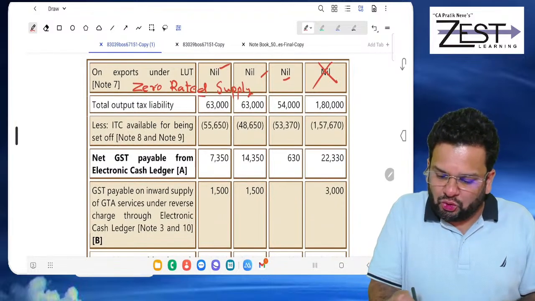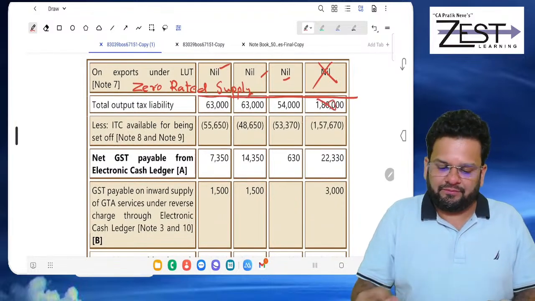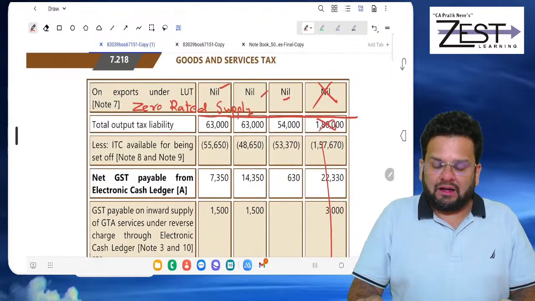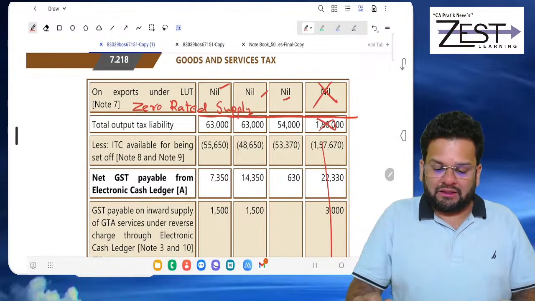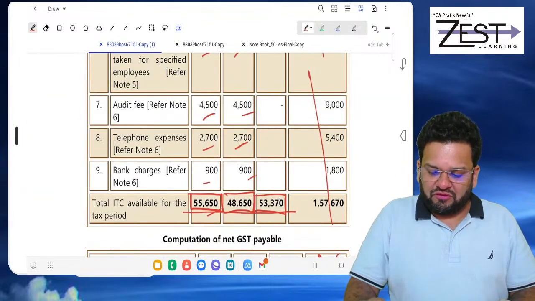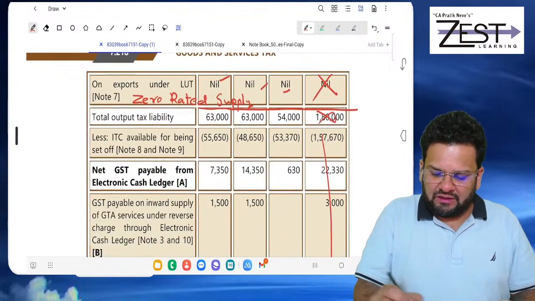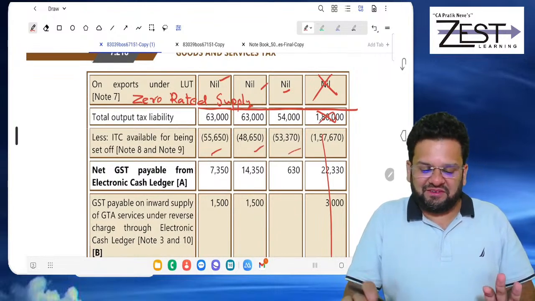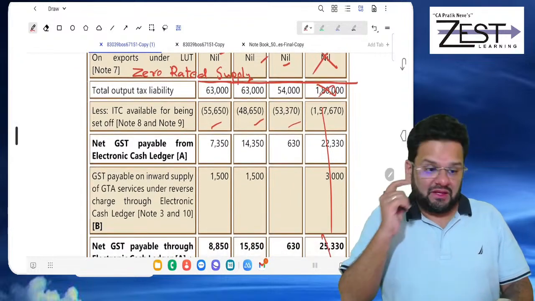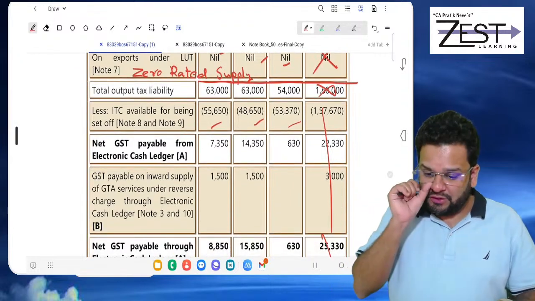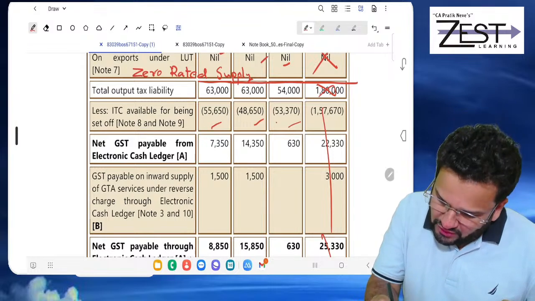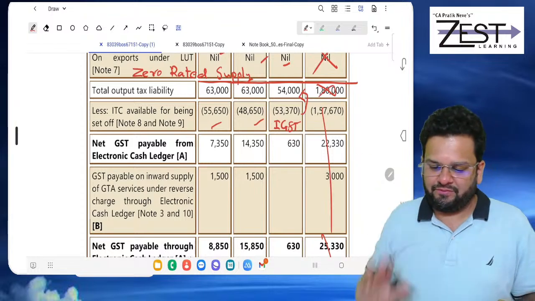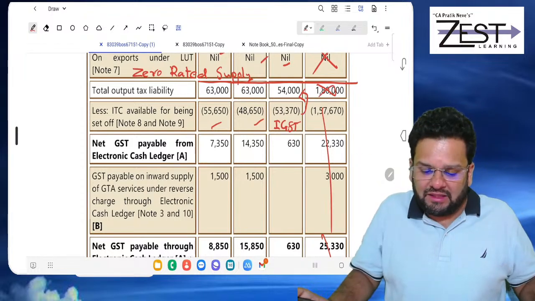Clear? So you will get total output tax liability. Now go ahead and subtract ITC. Your ITC is 55,650, 48,650 and 53,370. What exactly you have done? Which ITC should you utilize first? ITC of IGST you have utilized to pay output tax of IGST and there is no balance remaining in that.